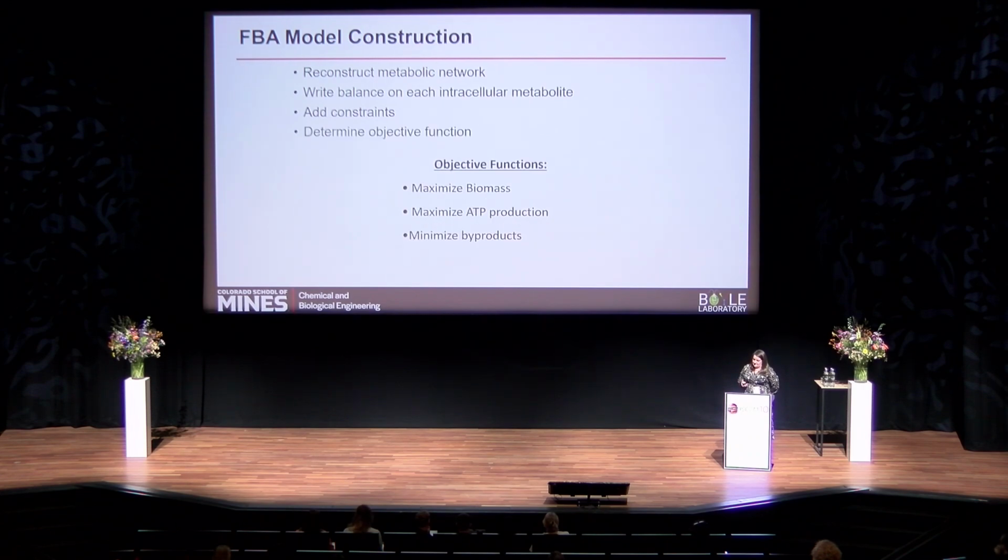And then lastly, it's an underdetermined system, so you have to solve it using an objective function. For bacteria, that's usually maximized biomass. For other organisms, it can be maximizing ATP or minimizing ATP or minimizing byproducts. It really depends on what you're trying to investigate.